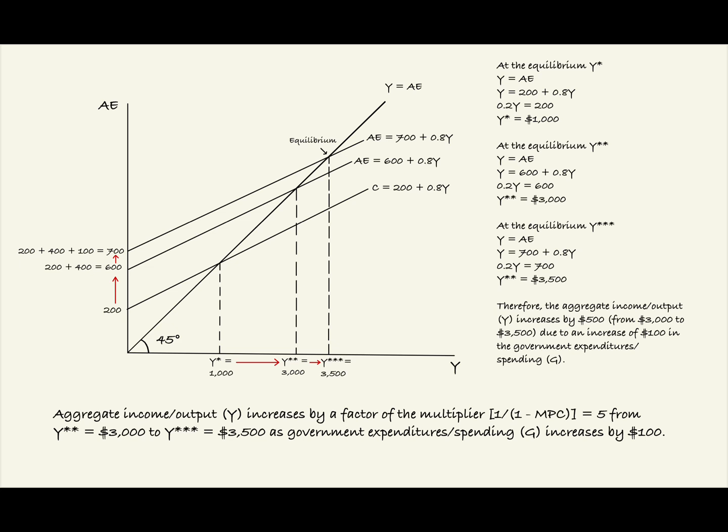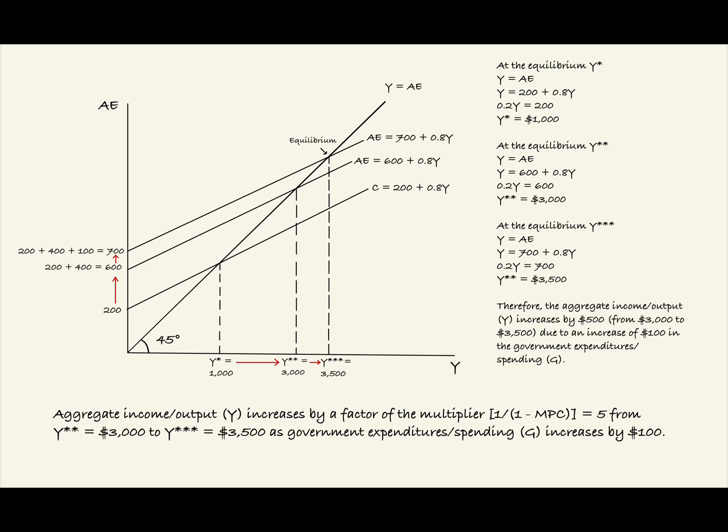That is found by C plus I, which is aggregate consumption plus planned aggregate investment. Above that aggregate expenditures line, we have another aggregate expenditures line, which is equal to 700 plus 0.8y. This is found from C plus I plus G, where C is aggregate consumption, I is planned aggregate investment, and G is government expenditures or spending.